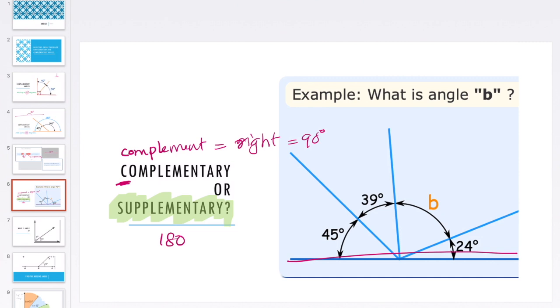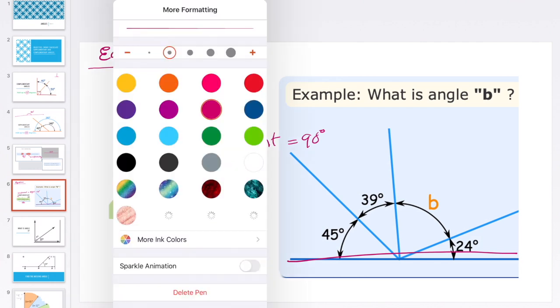Now, how do I find what B is? By looking at it, I think you can understand, but let's actually use something that we have learned in school or in class. That's called equations. An equation is going to help you solve supplementary and complementary angles, to find the missing angle. So let's use an equation. How do I come up with this equation?